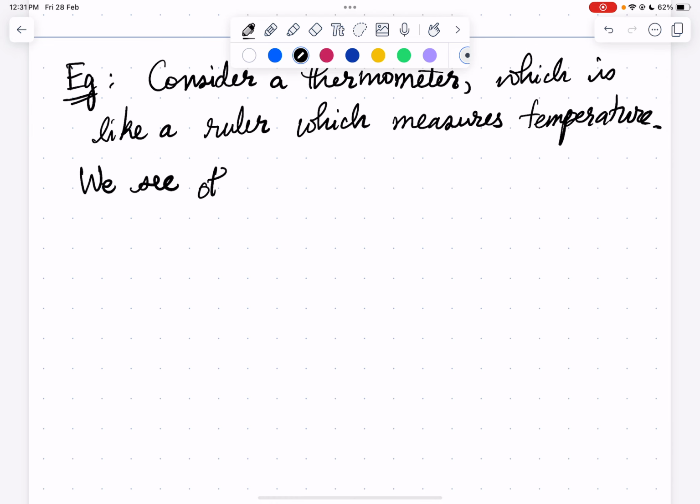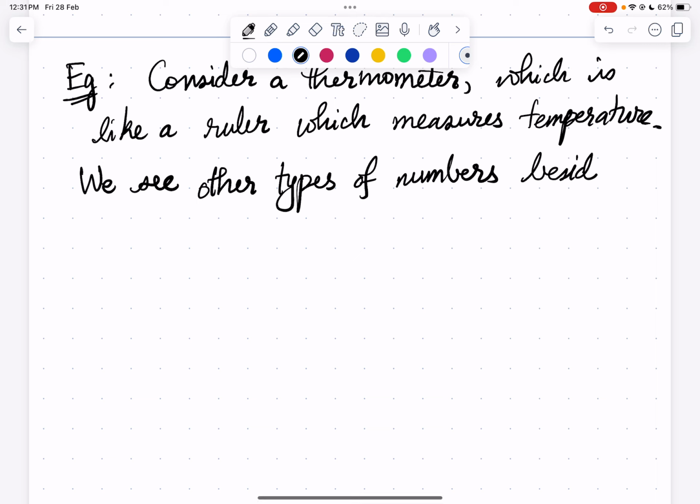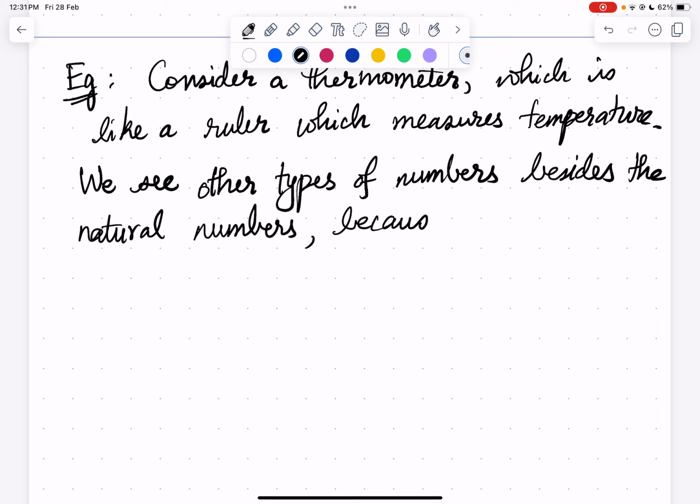We see other types of numbers, because there may be temperatures below 0.